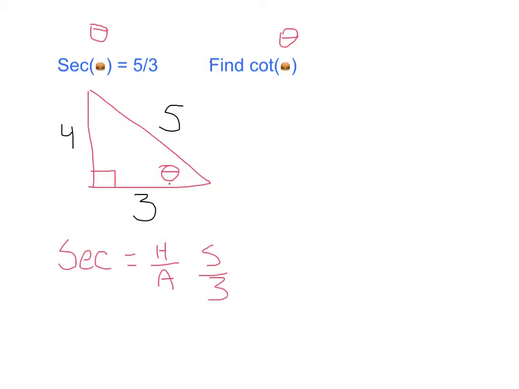So looking at theta where it currently is, I need to find the ratio of my adjacent side over my opposite side for the theta I currently have marked. Adjacent to theta, next to it, is my 3. Opposite of theta is 4. So my cotangent ratio is 3 over 4.